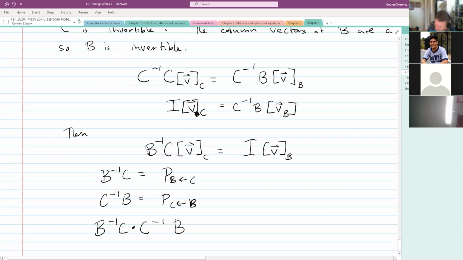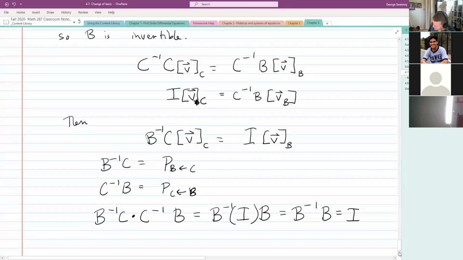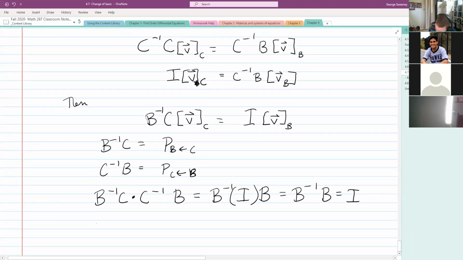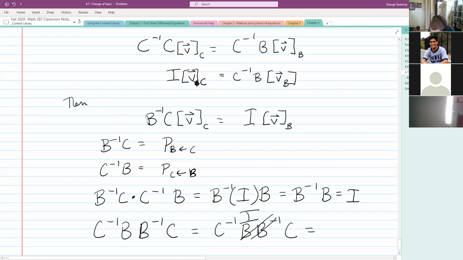This is equal to B inverse I times B, which equals just B inverse B, which equals I. Then we take C inverse B times B inverse C, which equals I.